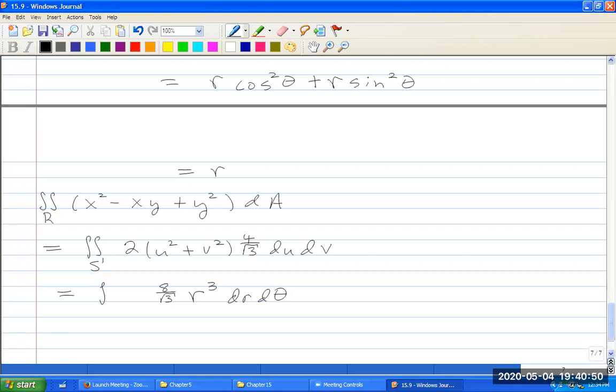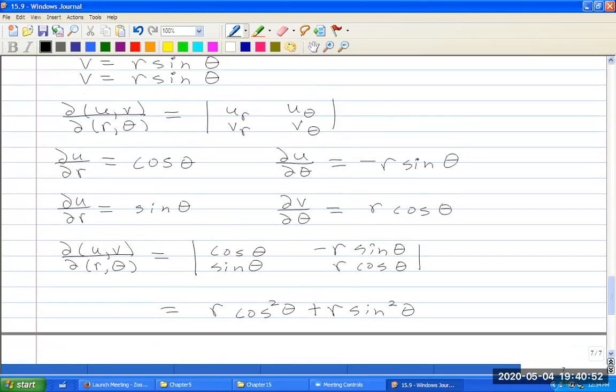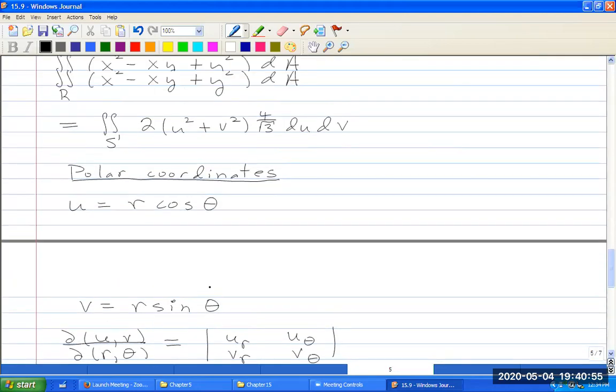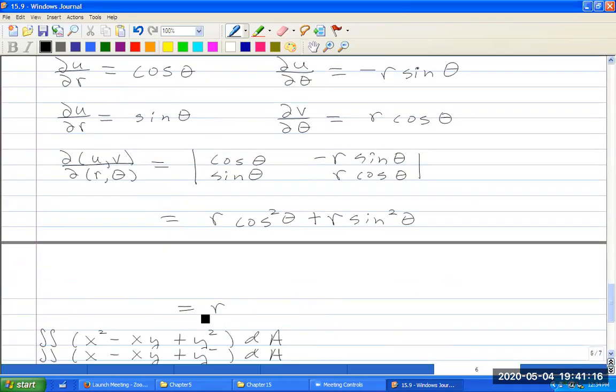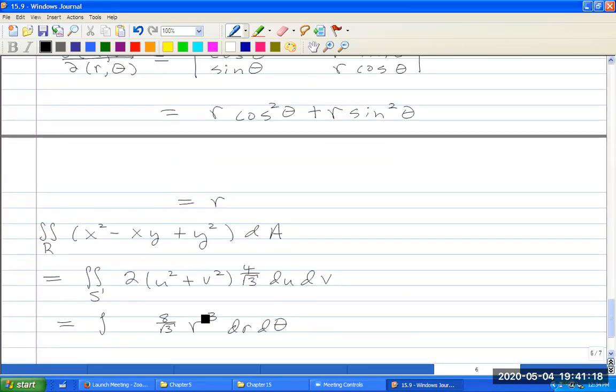Now, theta here, since we're going around the whole ellipse, u and v have to go around and have both plus and minus values. So theta has got to go from 0 to 2 pi, all the way around, in this case a circle corresponding to that ellipse.